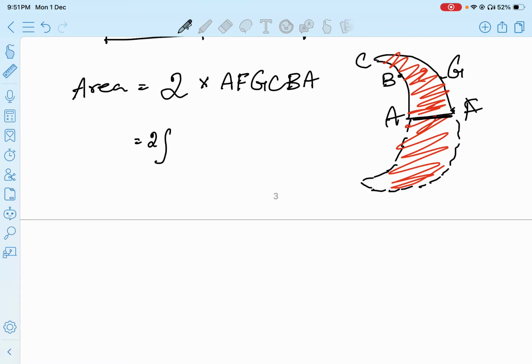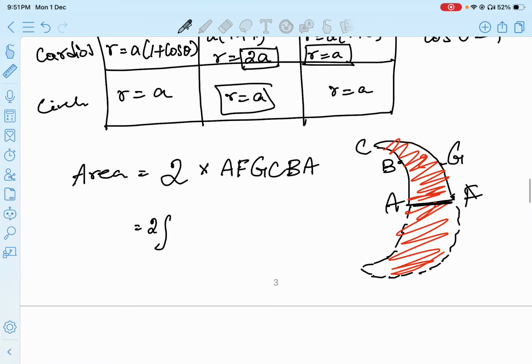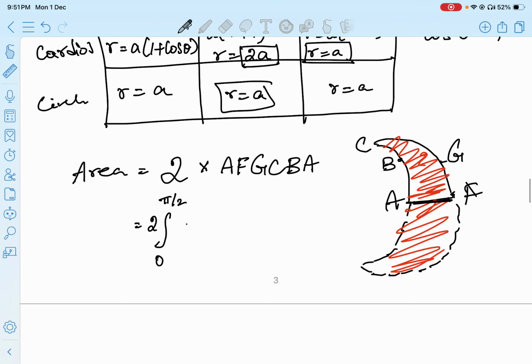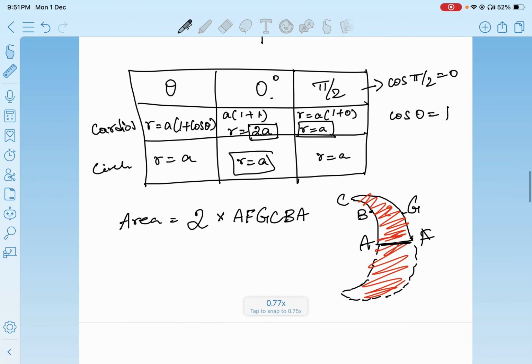So twice, what is A to F? Your A to F is 0 to pi by 2. And the next one, integral from A to A, r = a into 1 plus cos theta, so r dr d theta.